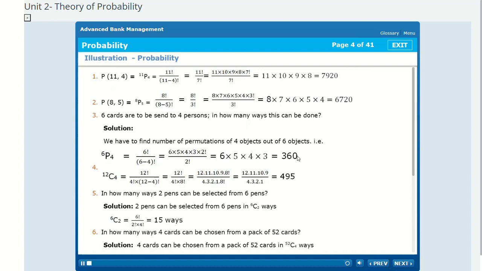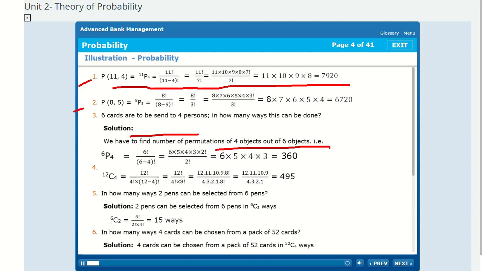Illustration, probability. 1. P of 11, 4 equal to 11P4 equal to. 2. P of 8, 5 equal to 8P5 equal to. 3 cards are to be sent to 4 persons, and how many ways this can be done? Solution, we have to find number of permutations of 4 objects out of 6 objects. 5.